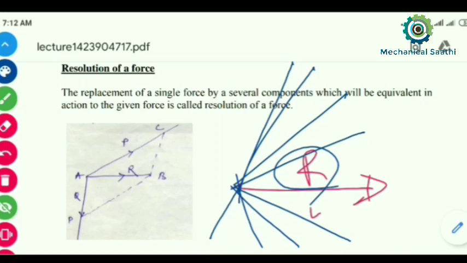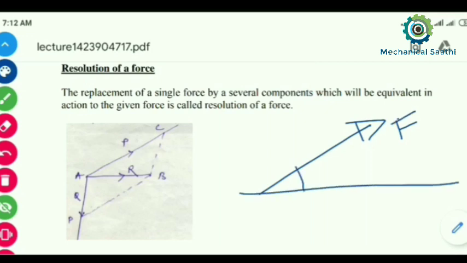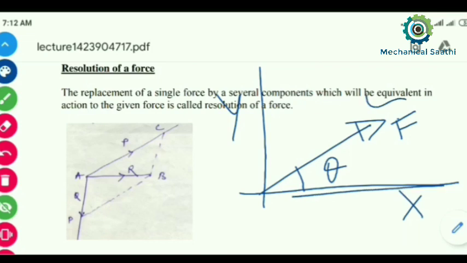Okay, so let us try to calculate in the x or y direction. Let this be the force, given as F, and it is at angle theta to the horizontal. Let this be the x-axis and this the y-axis. What is the effect of this force along the x-axis, that we need to calculate.